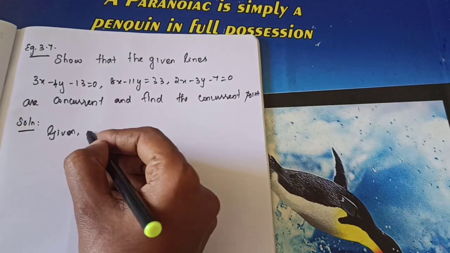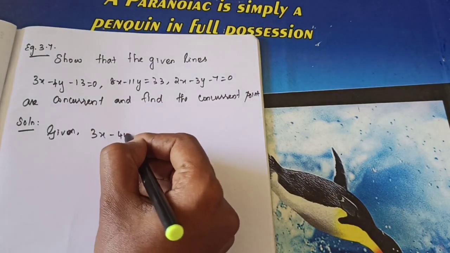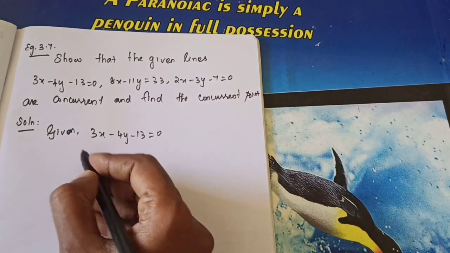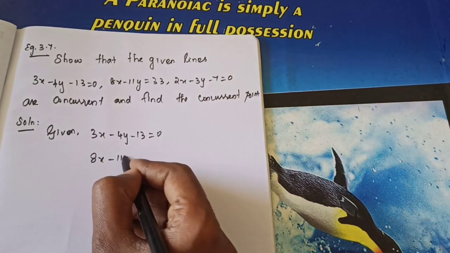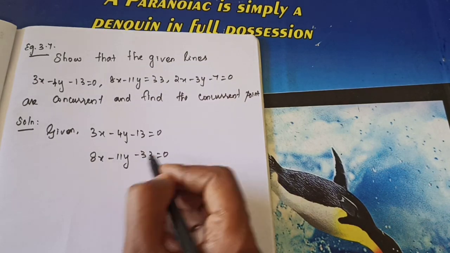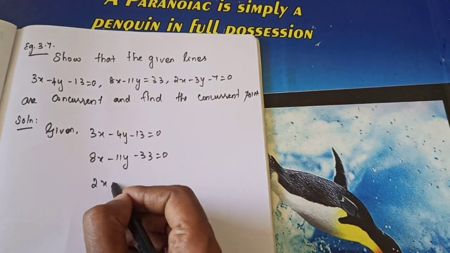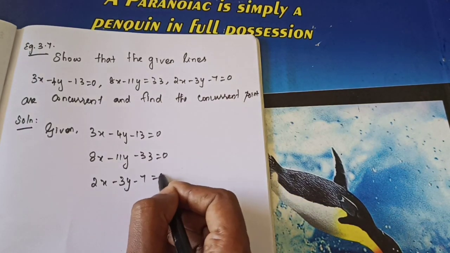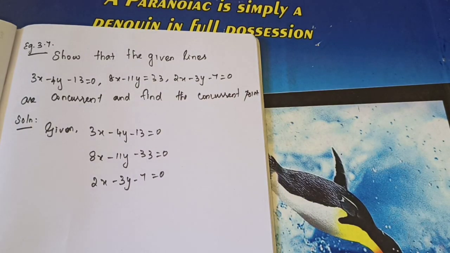Given 3 lines. What are the lines? 3x minus 4y minus 13 is equal to 0. 8x minus 11y, bring this to this side, minus 33 equal to 0. Then 2x minus 3y minus 7 is equal to 0. What's the question? Show that the 3 lines are concurrent. For that, I just taught the formula. The determinant of A1, B1, C1, A2, B2, C2, A3, B3, C3 being 0 means we will say it's concurrent.